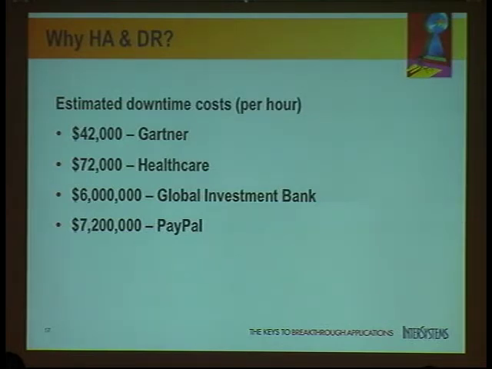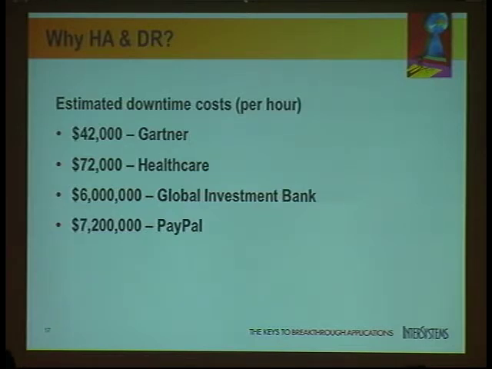Even $1,000 is a lot of money. And then you have all of the other stuff associated with that, where you have the public perception of your application. You want to make sure that people don't think that your services and your applications are unreliable. You want to make sure that they know that they're highly reliable and available.